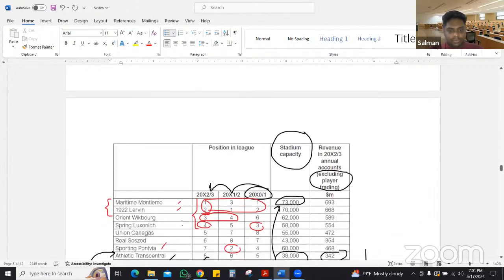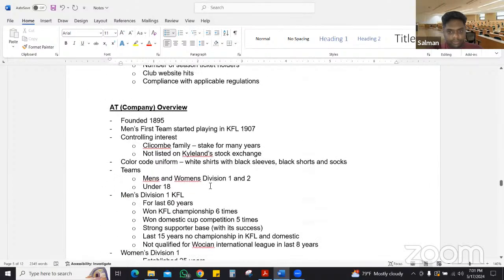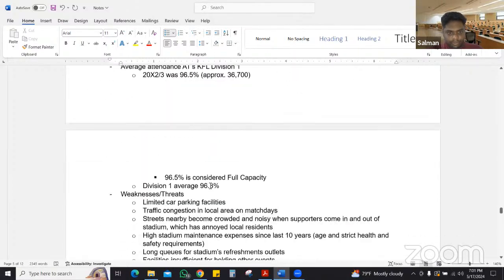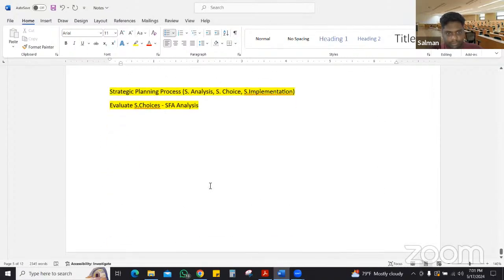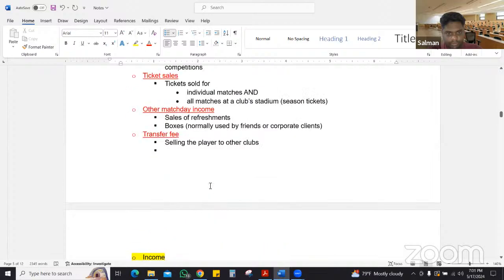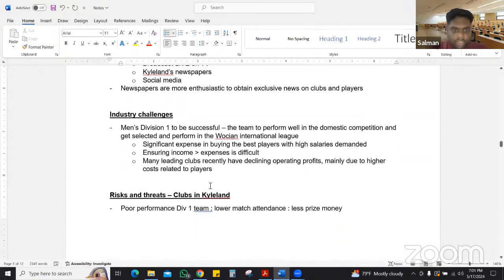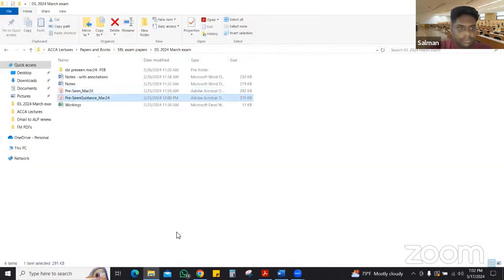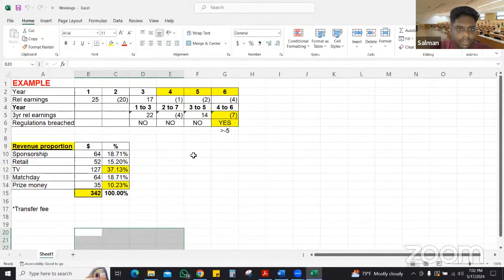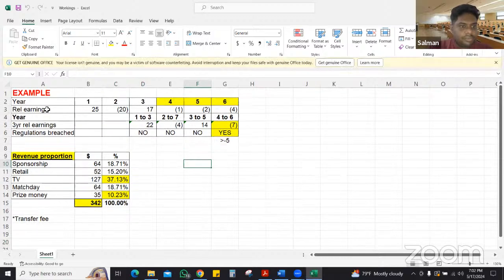For example, they also gave an example. So what's really important is this.